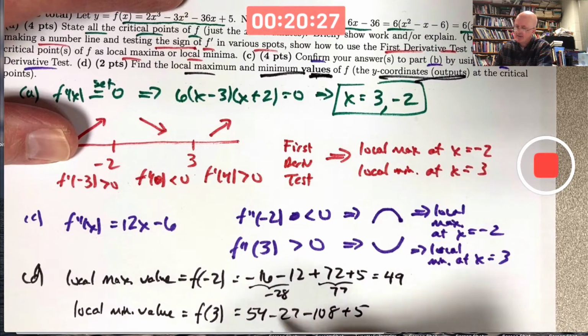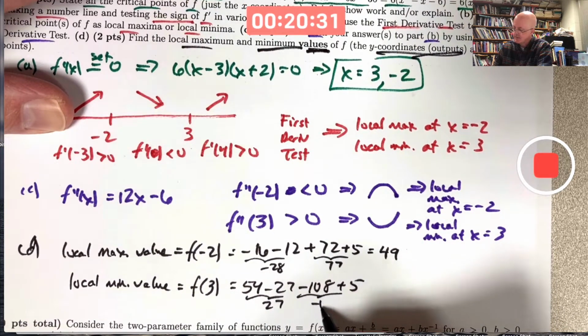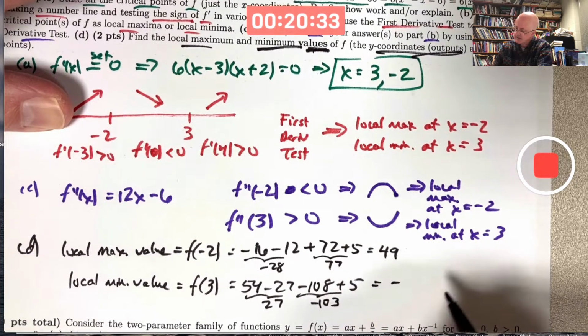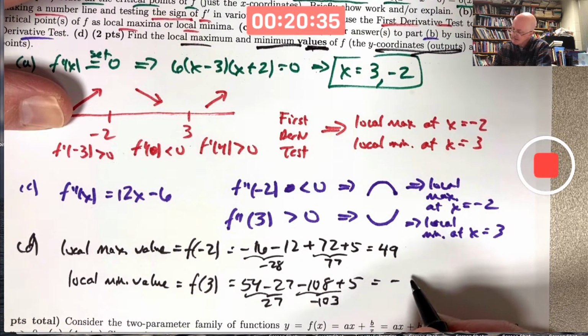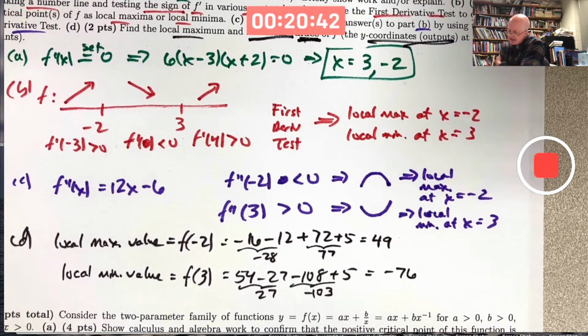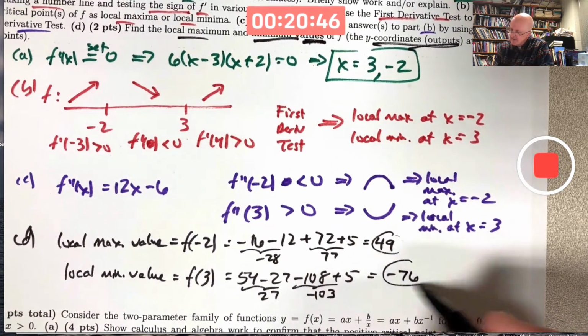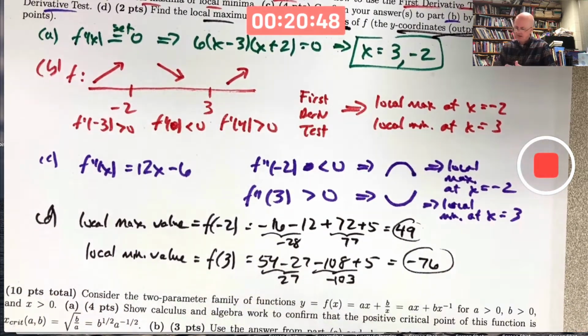Plus 5, that's a 27 there. This is a negative 103, and so we get negative, what would it be, 76? Is that right? Hopefully I have not made arithmetic mistakes here. Yeah, I think these are right. Local max value and local min value. Again, if I make a mistake, I'll make a note on the video.